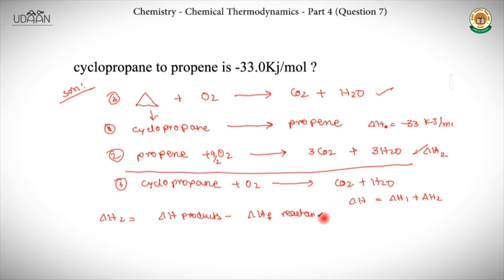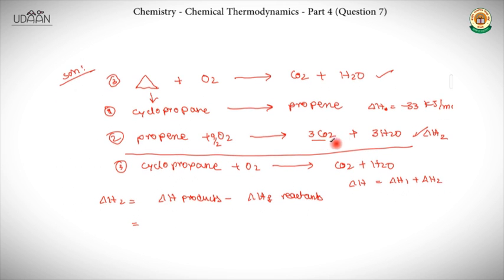So the products: 3 into delta H of formation of carbon dioxide, plus delta H of formation of water, minus the reactants: delta H of formation of propene plus delta H of formation of oxygen into 9/2.